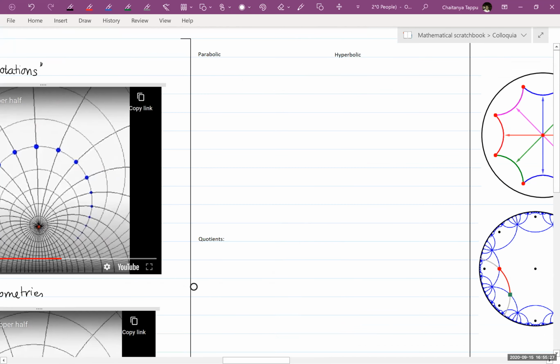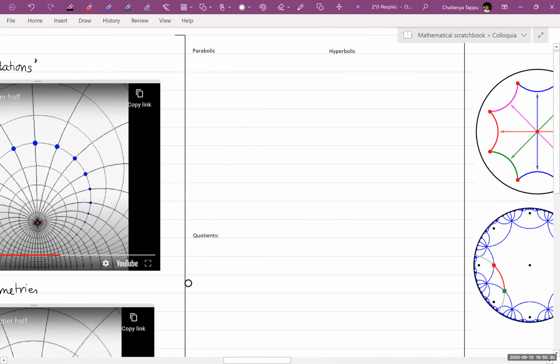I want to show you an actual formula for the translation along a vertical geodesic. If this is the upper half plane, let me call it U, one geodesic could be the line (0, y), where y is greater than 0.